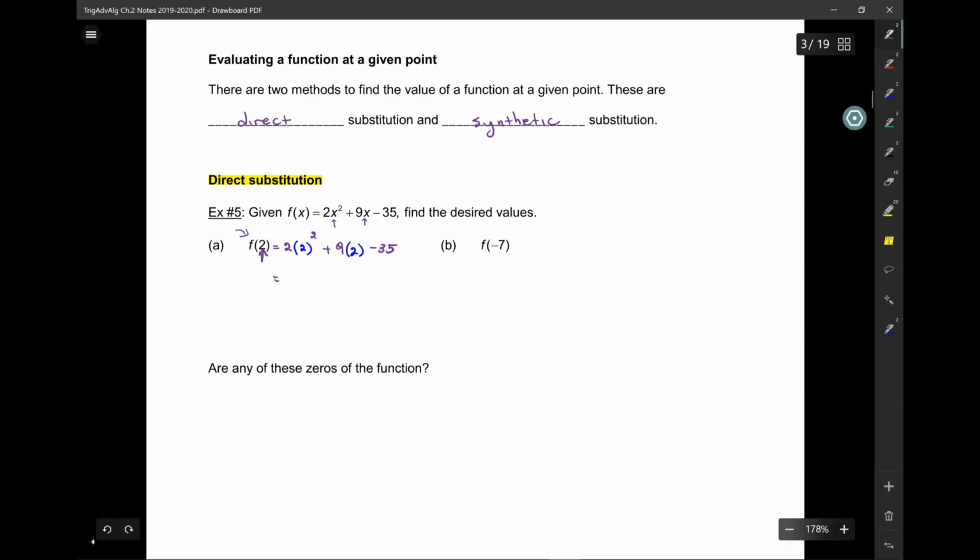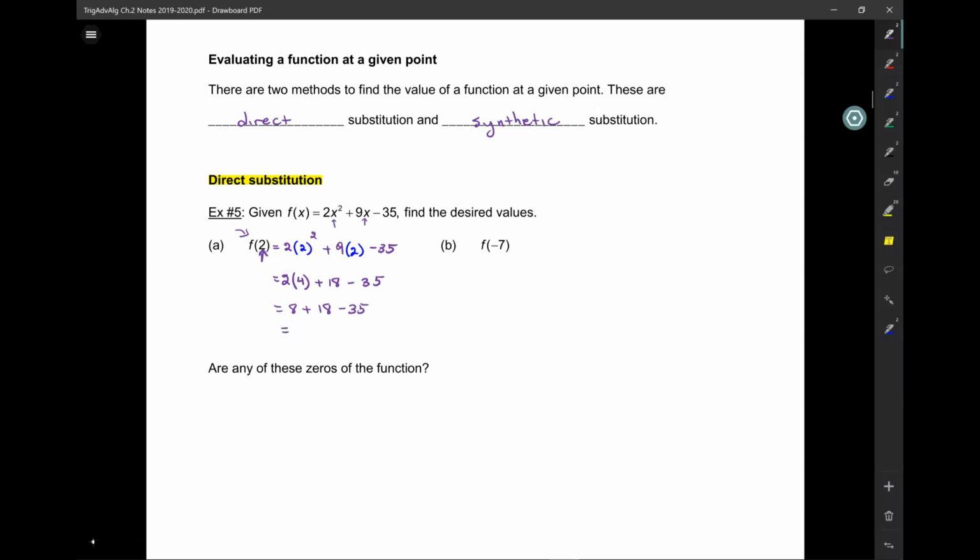So now I have 2 times 2 squared is 4, plus 9 times 2 is 18, minus 35, 8 plus 18 minus 35, right?